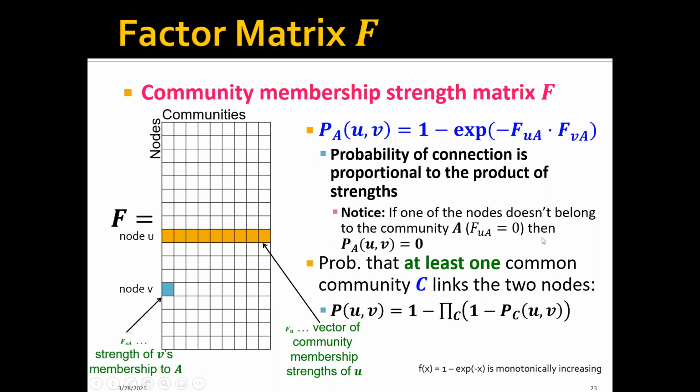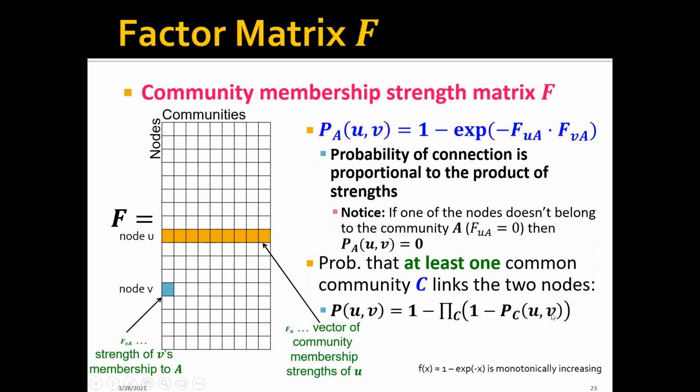Following what we have previously discussed, the probability that at least one common community C links these two nodes, u and v, will be 1 minus the product of 1 minus P_C(u,v). Here P_C(u,v) is the probability that community C will link nodes u and v.